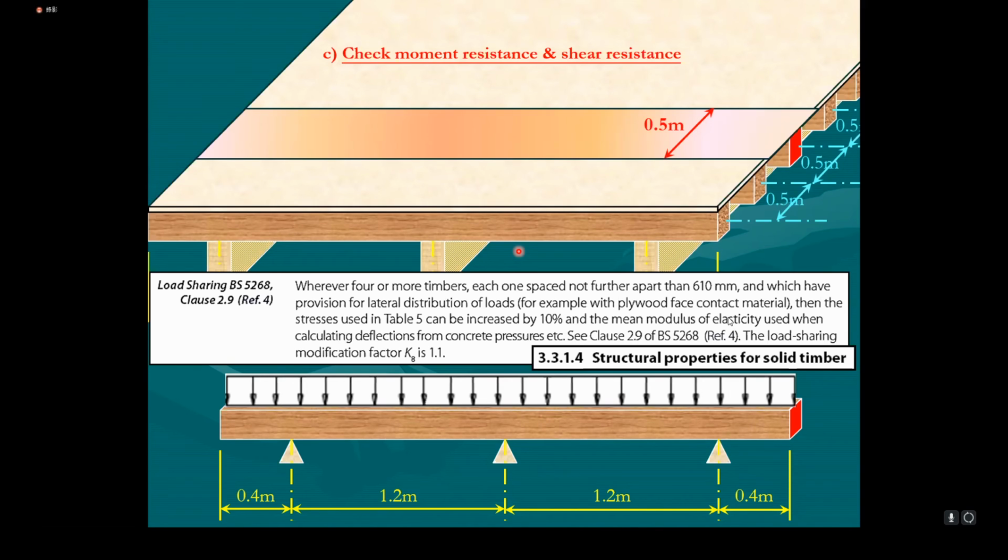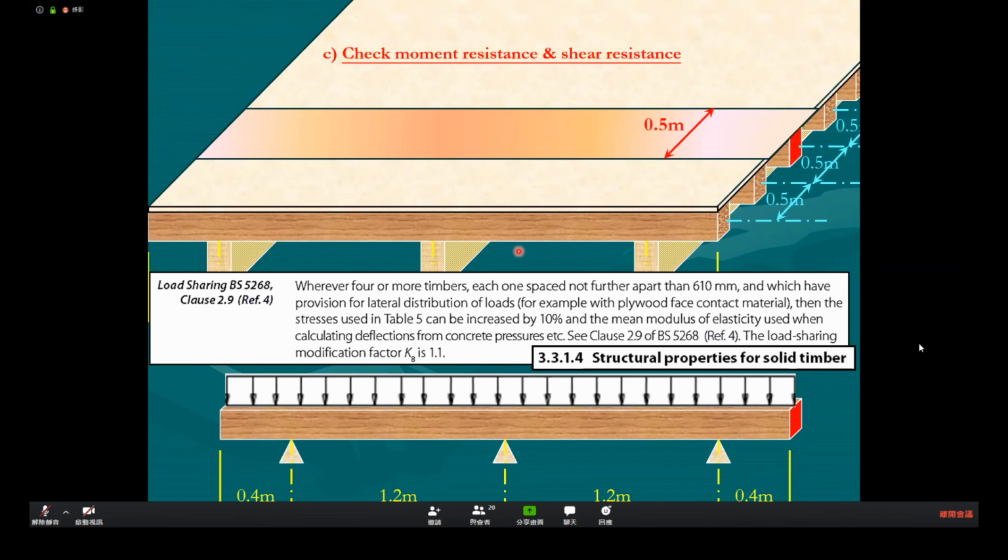Do you remember table 6, table 7, and table 8 on your supplementary note, page 7? Which table should you use in this example to get the moment of resistance and shear load?